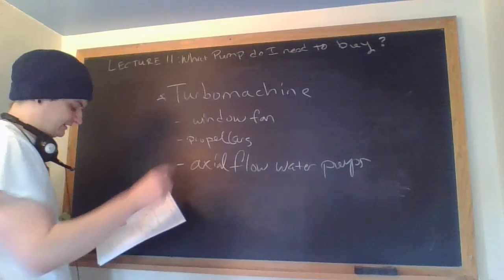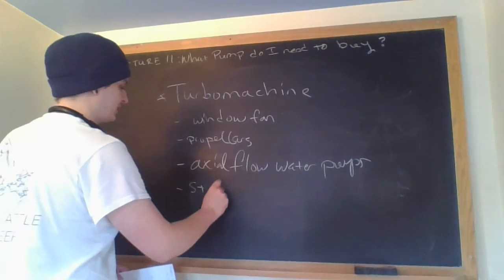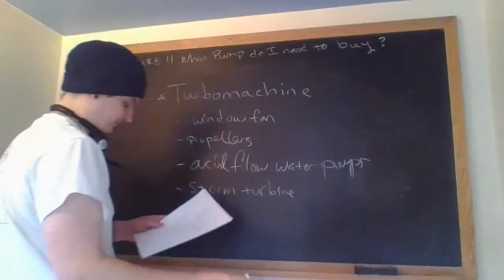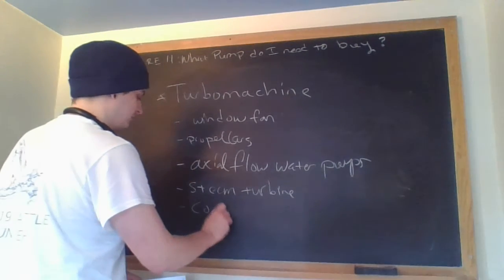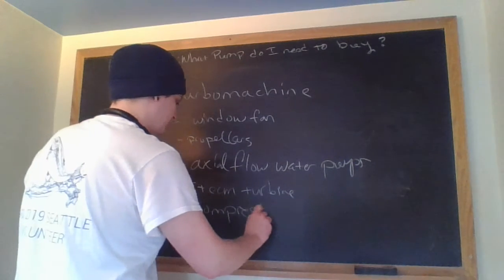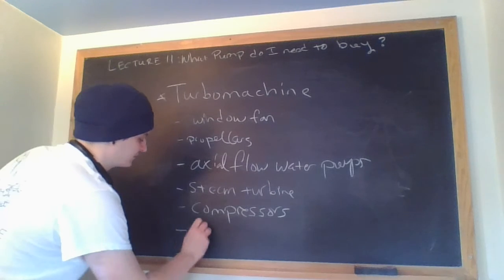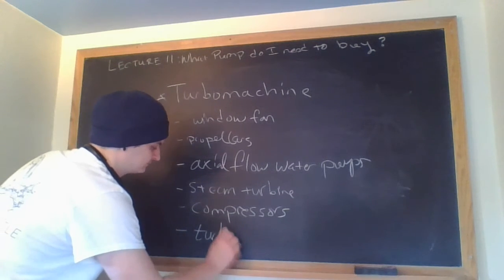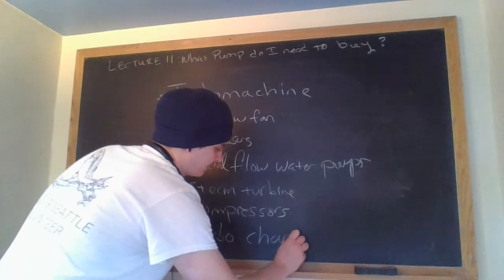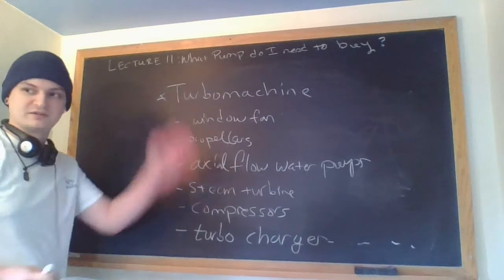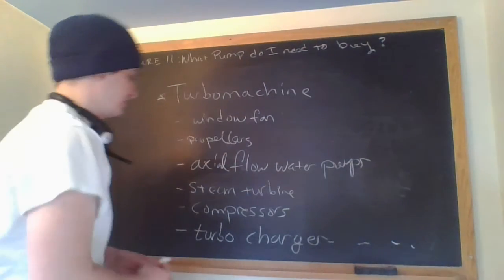You'll see what axial means later. A steam turbine is also a turbo machinery. Compressors. Anything else I have? Oh, a turbocharger. And the list goes on and on for all the different types of machines that really are a turbo machine.